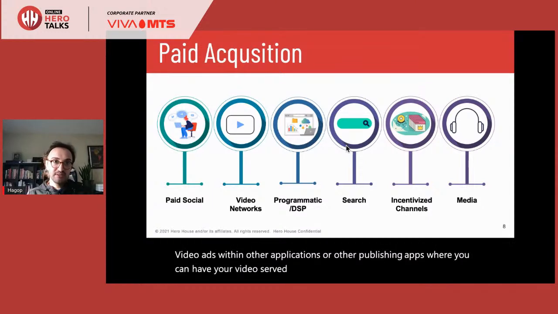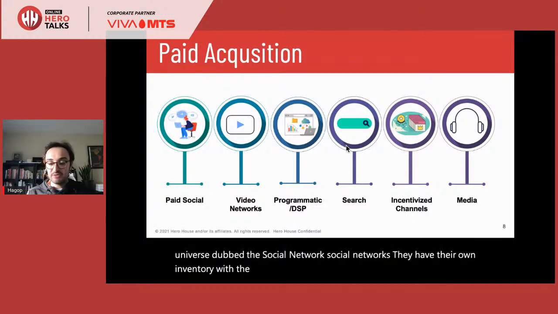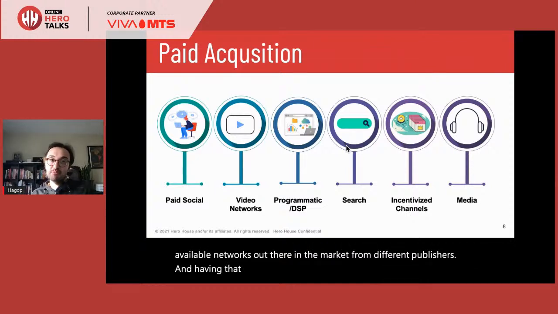Programmatic DSPs is also outside of the universe of the social networks. So social networks, they have their own inventory. With the programmatic, the demand side is basically looking for any available networks out there in the market from different publishers, having that inventory and bidding on that inventory automatically.